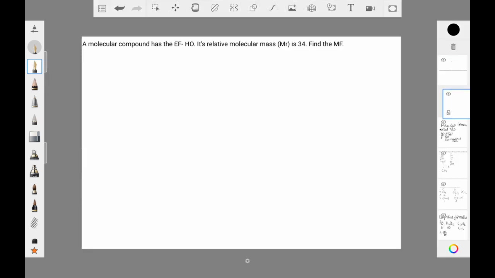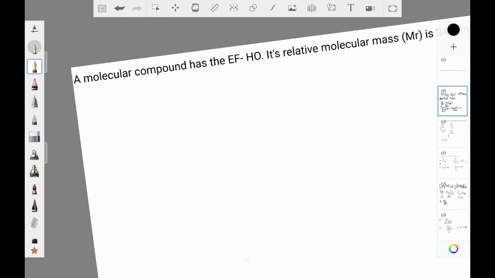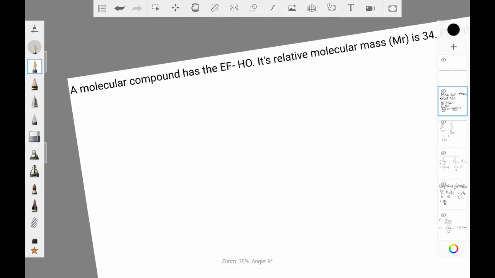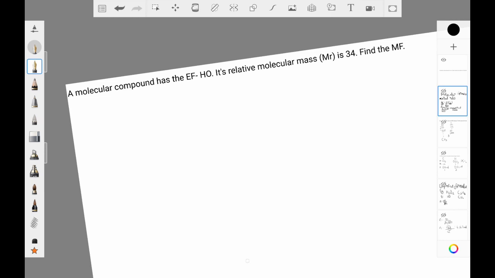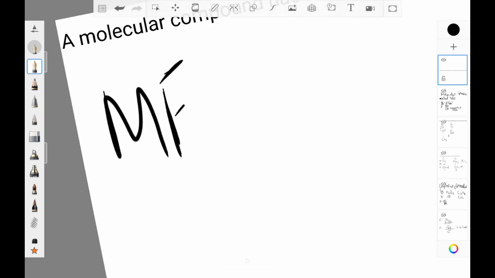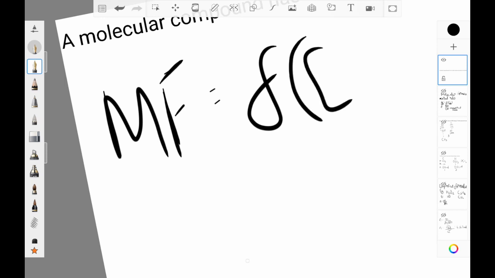Right. So over here we have our first example to demonstrate how to find the molecular formula. A molecular compound has the empirical formula of HO, and its relative molecular mass, which is its MR, is 34. So you find the MF. I would like you to recall that the MF is equal to a factor times the EF.